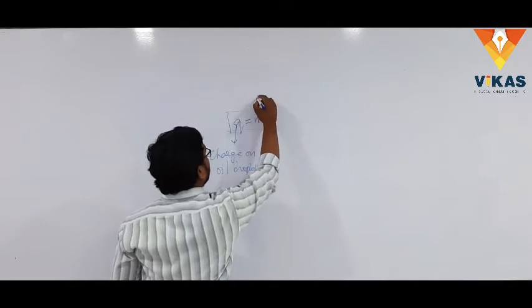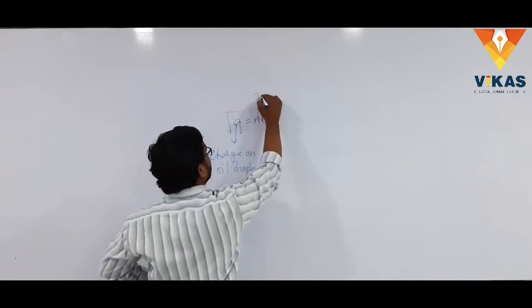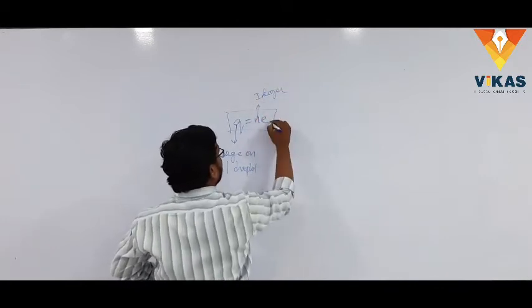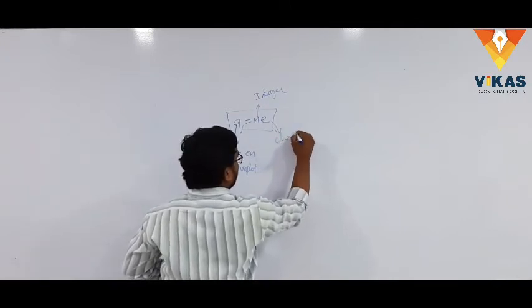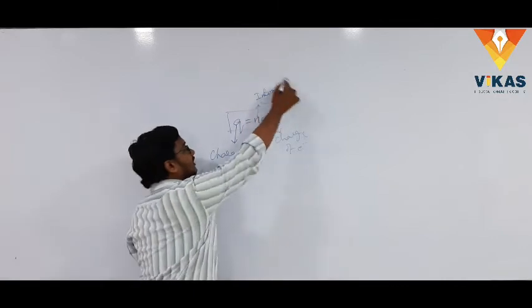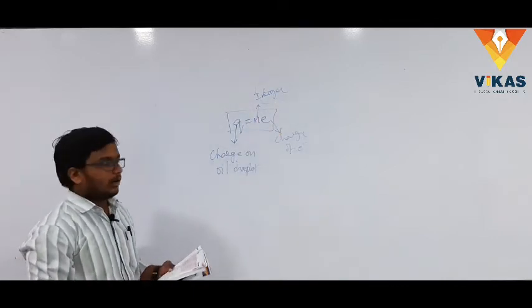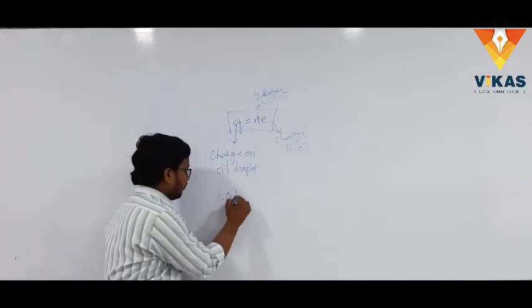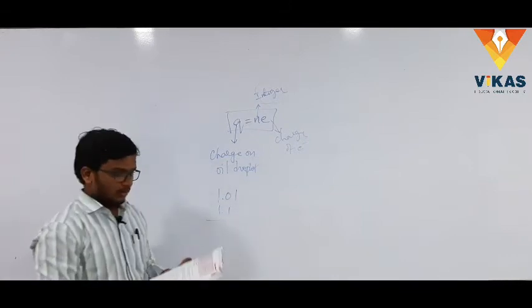N is an integer, and e is the charge of the electron. N should be an integer. It cannot be something like 1.01 or 1.1, nothing like that, right?